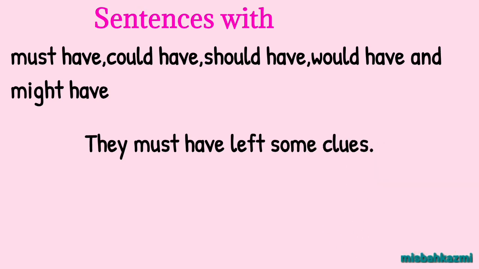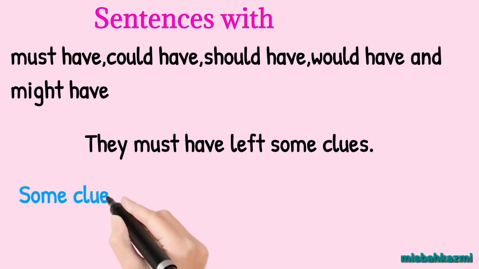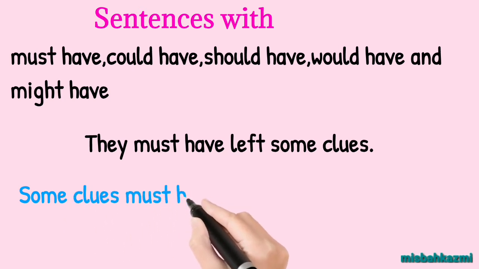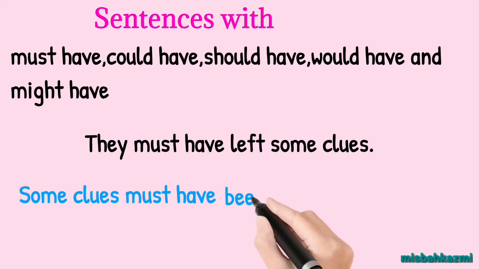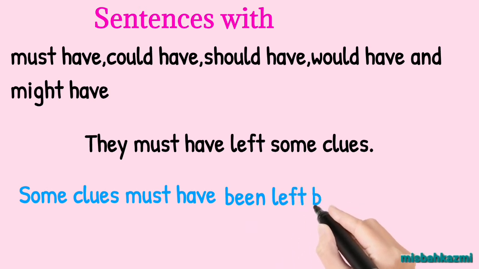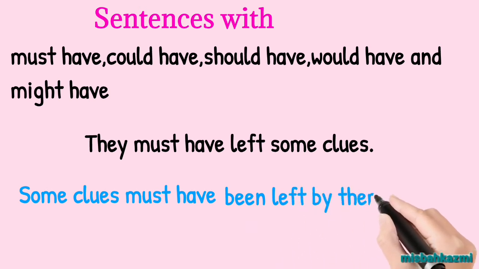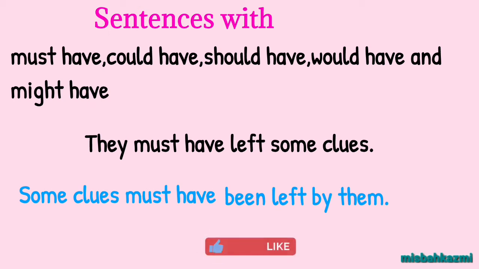Okay, so this is going to be converted as some clues must have been. So it will follow the rule of perfect tense. Some clues must have been left by them. So this is the change in these sentences.